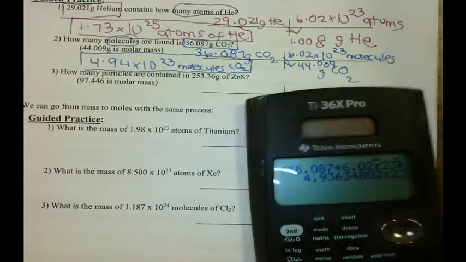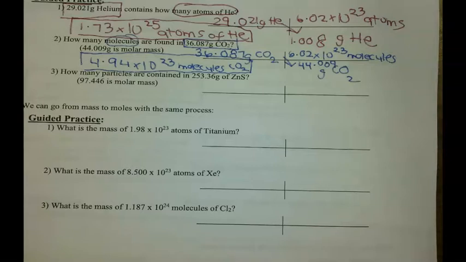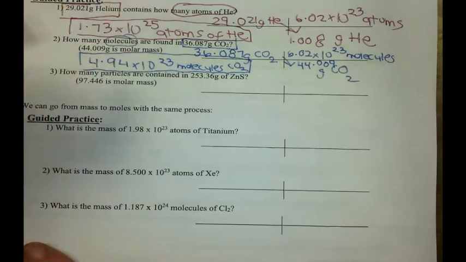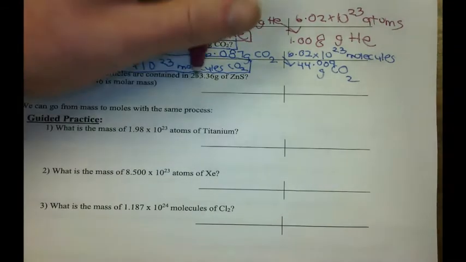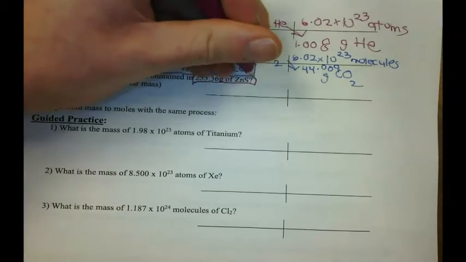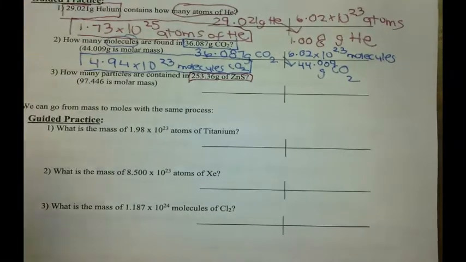Okay. Next one, how many particles are contained in 253.36 grams of, we've got some zinc sulfide. Once again, we gave you the molar mass. Box and circle, box and circle.